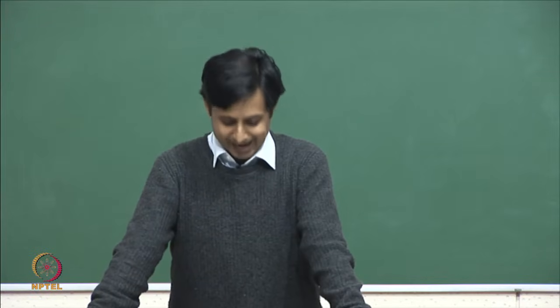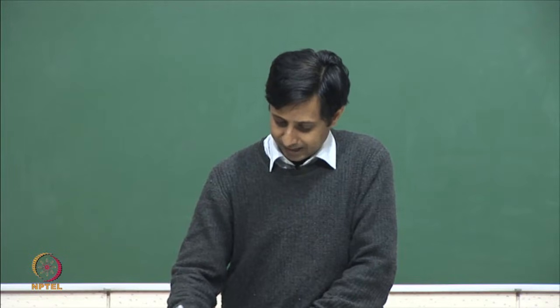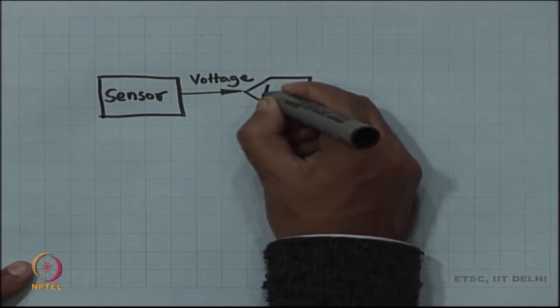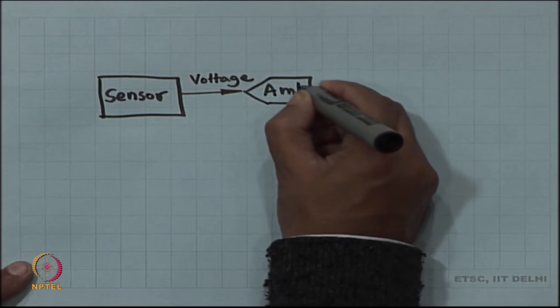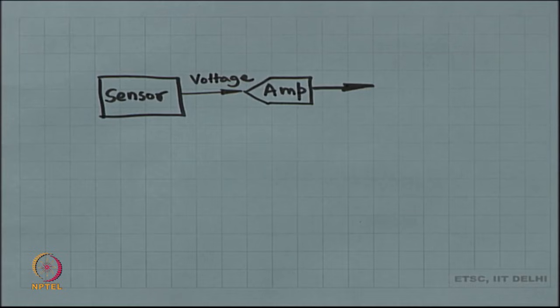Okay. And to do that, you first have to amplify this. You have to first increase the value of the voltage, in such a way that the noise in the system does not corrupt the individual voltages.